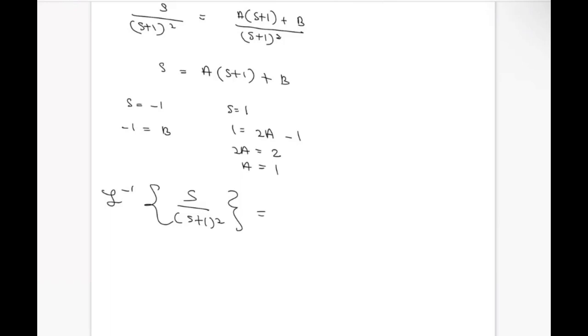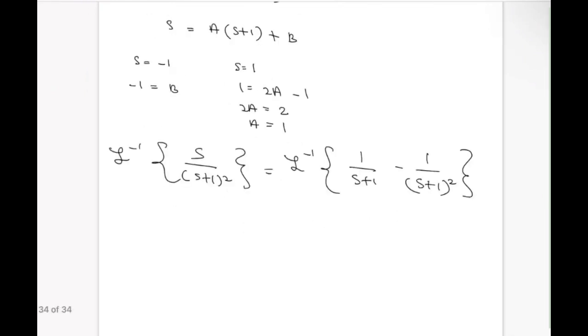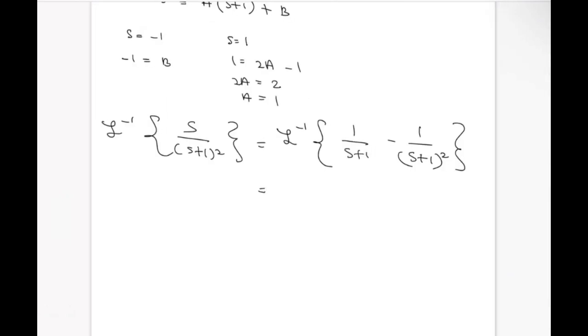This is equal to the inverse Laplace of 1 over s plus 1, b is minus 1, so minus 1 over s plus 1 square. So here we have inverse Laplace of 1 over s plus 1 minus inverse Laplace of 1 over s plus 1 square.